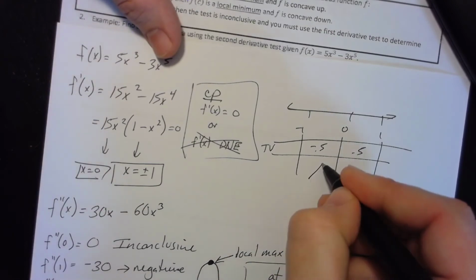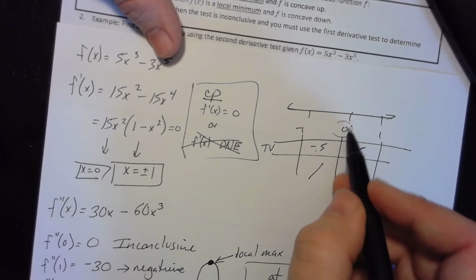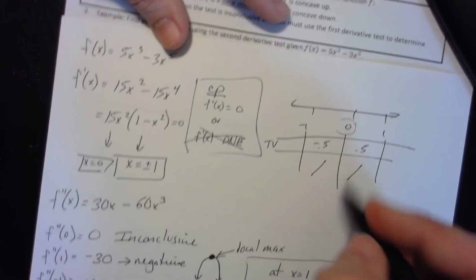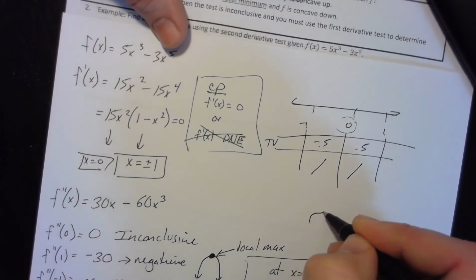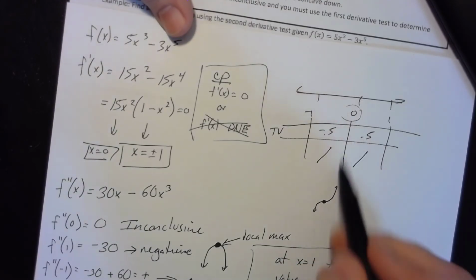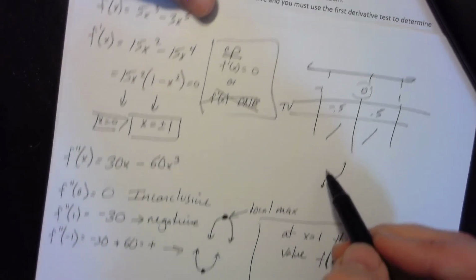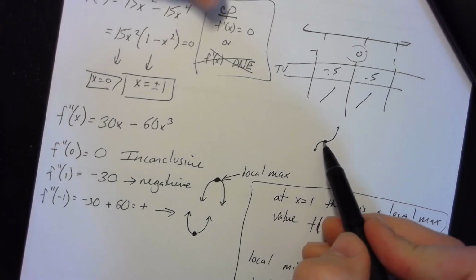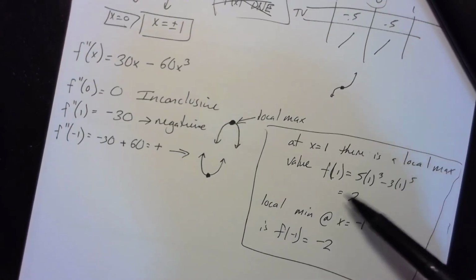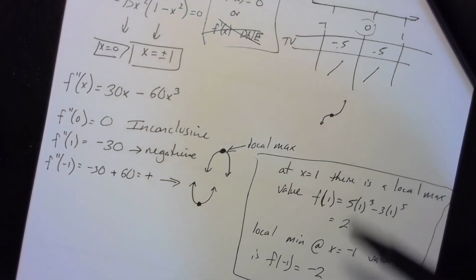Positive means increasing, and positive means increasing, which means that this location is not a max, nor is it a min. It ends up being something like this in terms of the graph, give or take right about there. What we call that point is more or less an inflection point. We'll work with that again in other videos, but in this particular situation, that is an inflection point, which allows me to identify that the concavity changes, but that the maximum and minimum will not occur there.